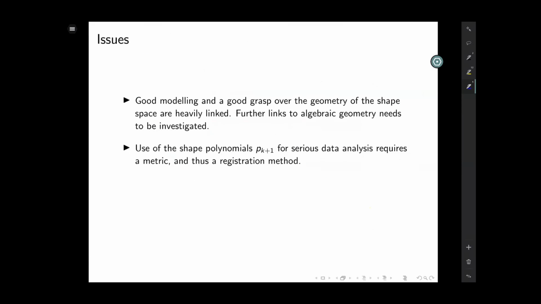So finally, I just want to summarize by saying there are some issues with just looking at shapes of functions for modeling purposes, and especially looking at it through this particular perspective of the polynomials and so on. Having a good model and having a good understanding of the geometry of the shape space are in some sense intertwined with one another quite heavily.